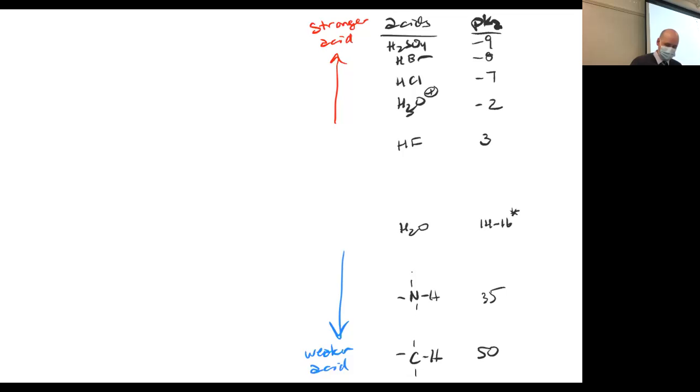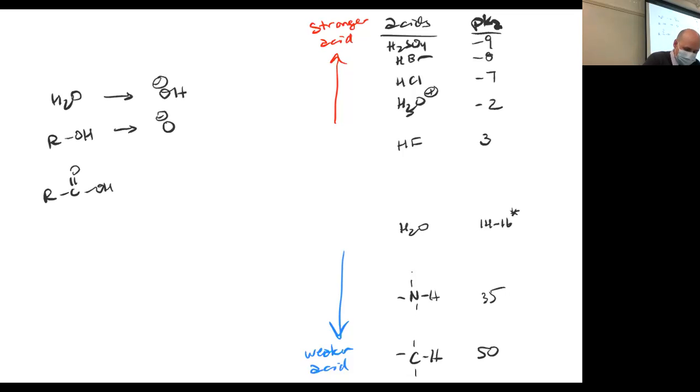All right, we are still going. A couple more trends that we know. Let's compare water to an alcohol, to a carboxylic acid. All right, water would turn into OH minus, and alcohol would become OR minus, and the carboxylic acid would become a carboxylate, which is an O minus next to a carbon.